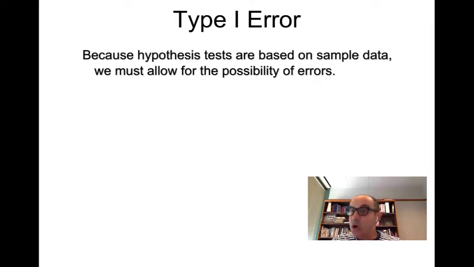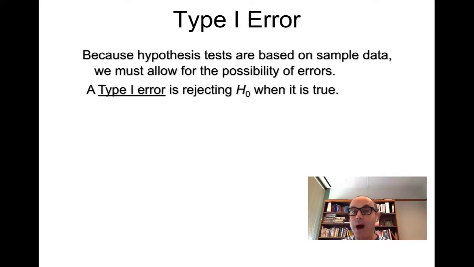But as you probably think in some common logic way, because hypothesis tests are based on a sample, while we are talking in terms of the population, we must allow ourselves to have error. And there are two types of error. Error number one is rejecting the null hypothesis when it's true.